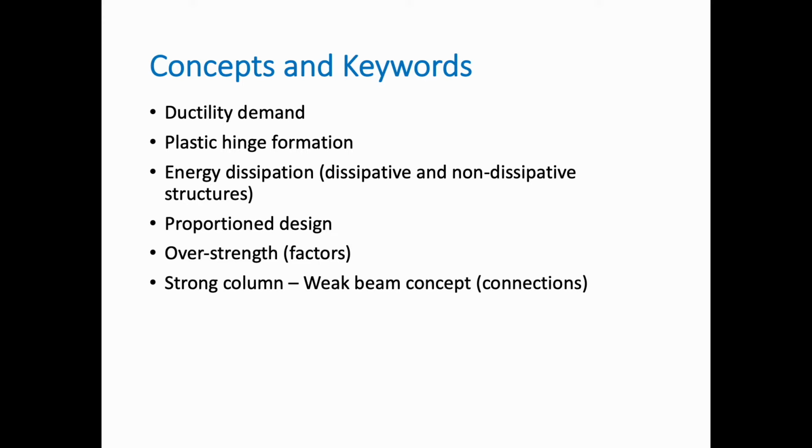And one of the most important concepts for the steel structures in seismic engineering is the strong column weak beam concept, which is mainly related to the joints, so it includes the beams as well. And what we're trying to do is to make sure that the columns remain intact and all the plasticity is actually moved in the beam. So the beam is the one that behaves inelastically.